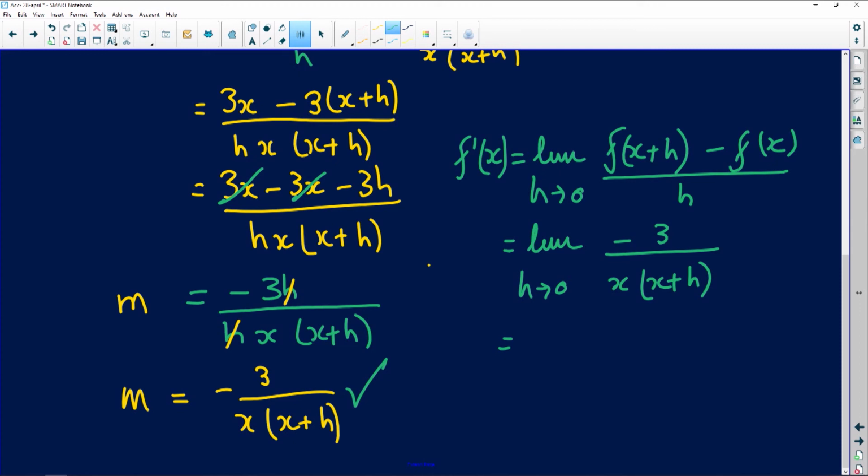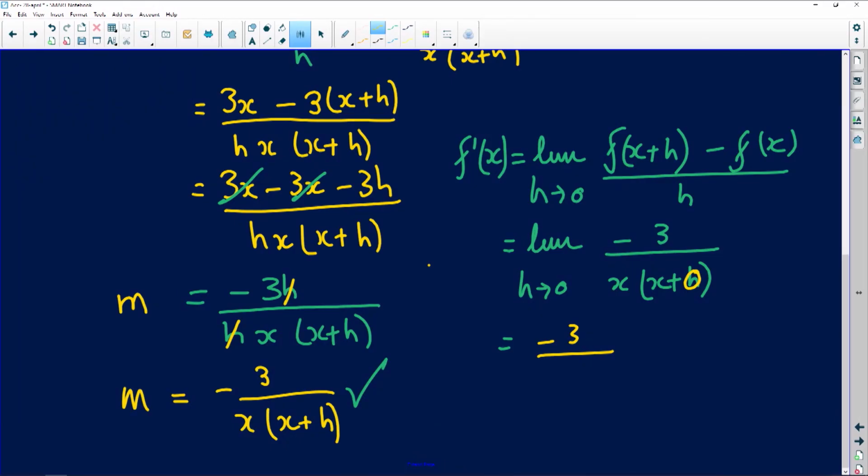When h becomes 0 here, it means this value will become 0 in the next step. And what does it leave me with? It leaves me with minus 3 over. Now notice I'm not writing down the limit again. Why is that so? Because I'm taking the value of h, which is 0, into this expression.